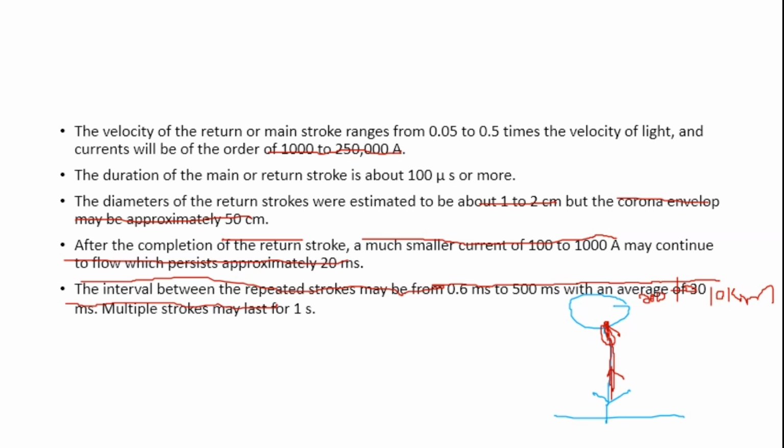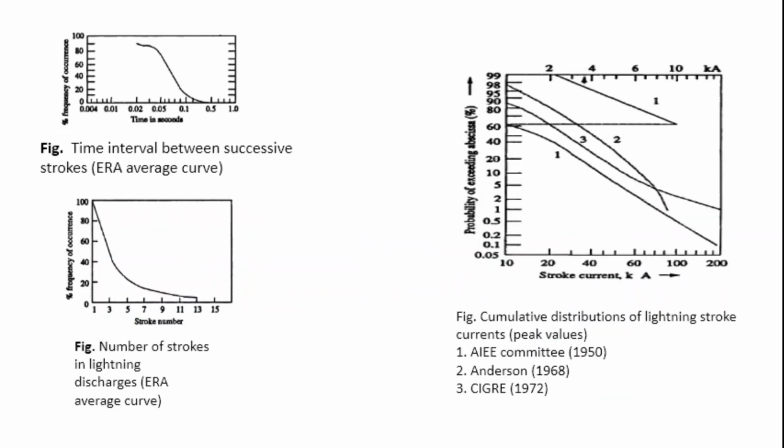The time interval between successive strokes, the number of strokes, the duration of lightning discharges, the discharge current, the rate of rise of the current, the wave tail and the probability distribution are shown by these waveforms.